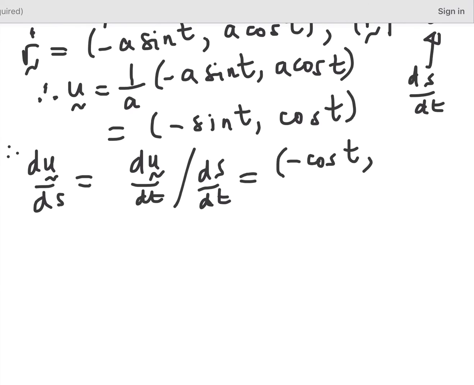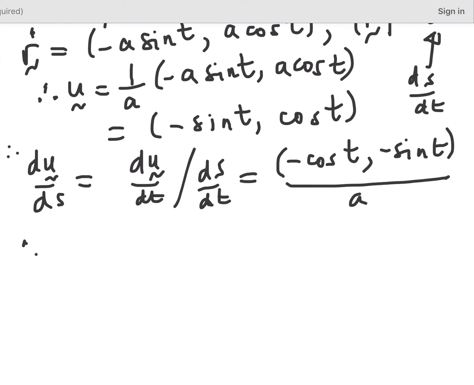Derivative of cos is, of course, minus sine, right? And we're going to divide that by ds/dt, and ds/dt is the mod of r dot, so that was a. So this is then 1 over a, or if you want to take the minus sign out, minus 1 over a into cos t, sine t.